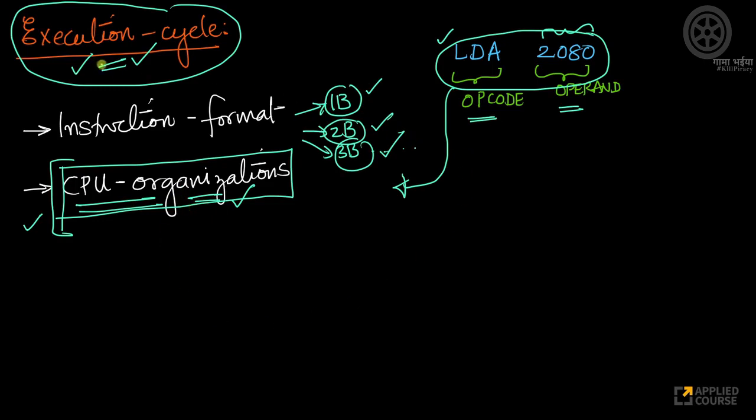So we'll go into the depths of the execution cycle in the context of CPU organizations and the instruction formats which a CPU organization can handle. We'll see that over the next few videos, so that your concept becomes much clearer.